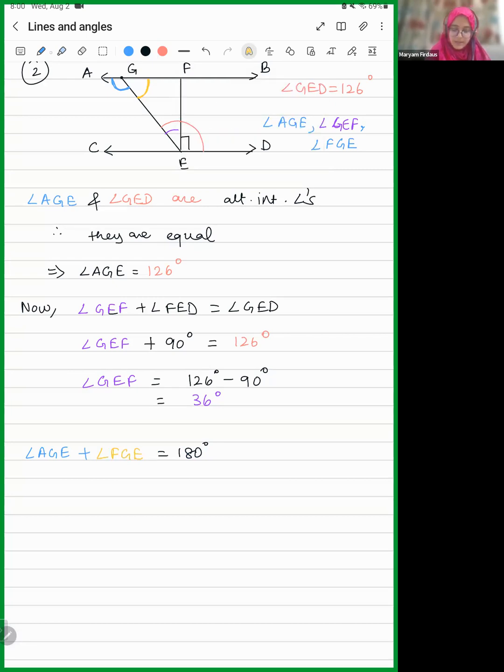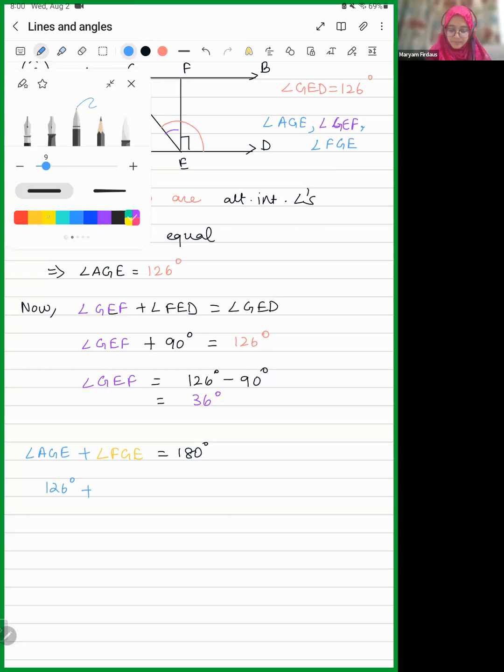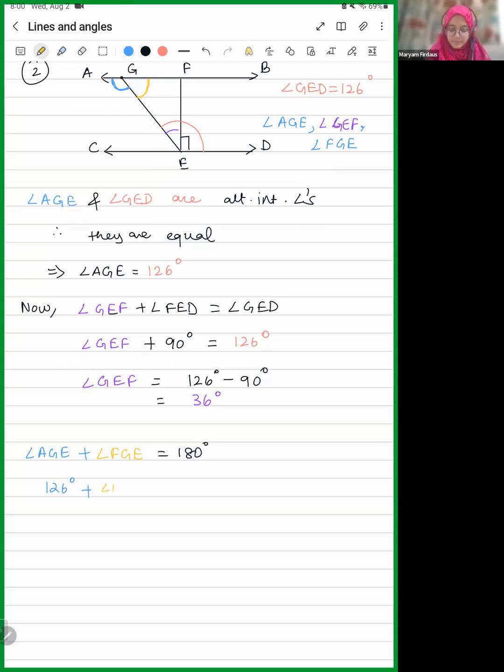So now angle AGE, we know how much that is. It is 126 degrees, right? Angle AGE is 126 degrees plus angle FGE, we don't know, is equal to 180 degrees.